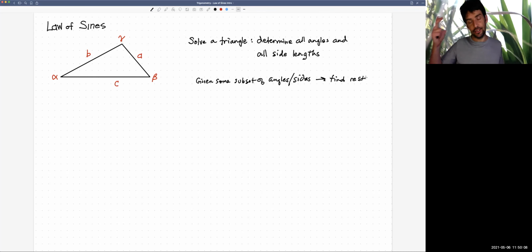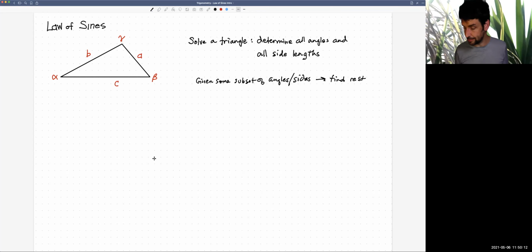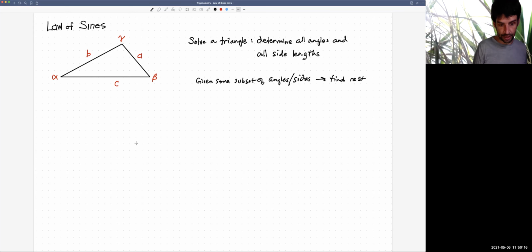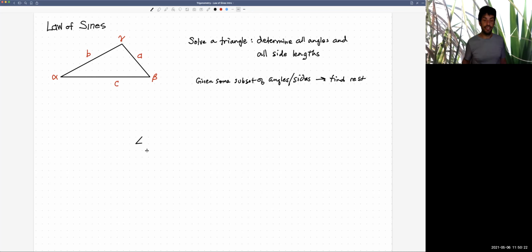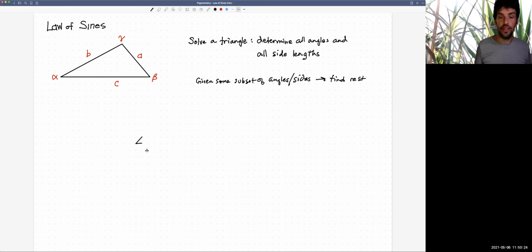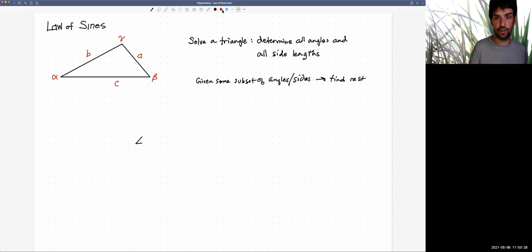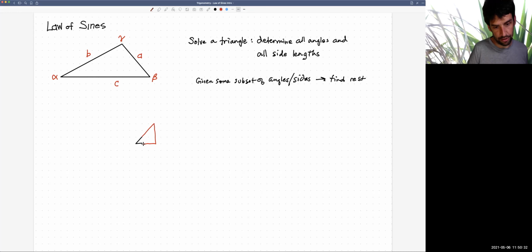So there's a little bit of intuition behind this, right? If I tell you, for instance, that I have a triangle with an angle of, let's do an angle that looks like about 45 degrees. If I tell you there's an angle of 45 degrees, there's no way to tell me the rest of the information about this triangle, right? I can draw a triangle with an angle of 45 degrees. That might be a right triangle.